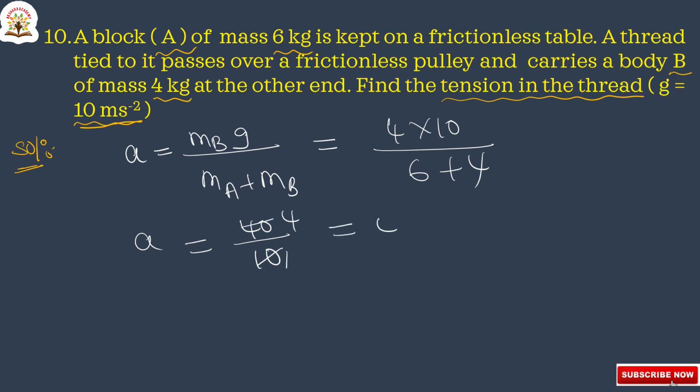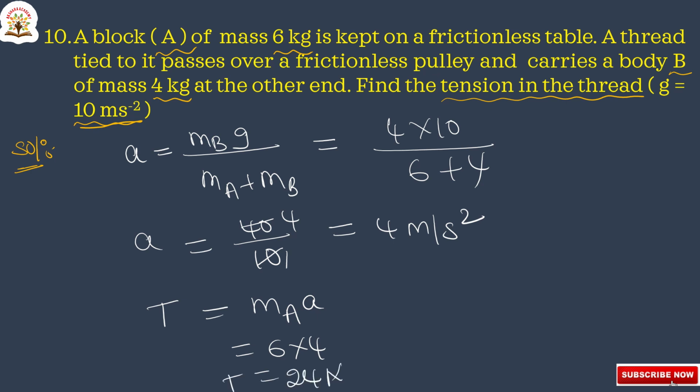So A is equals to, we are getting 4 meters per second square. Tension in the thread T is equals to ma into A, that is equals to 6 into 4. So that is equals to 24 newtons. Therefore, tension in the thread T is equals to 24 newtons. Okay. Next we will go to the next question.